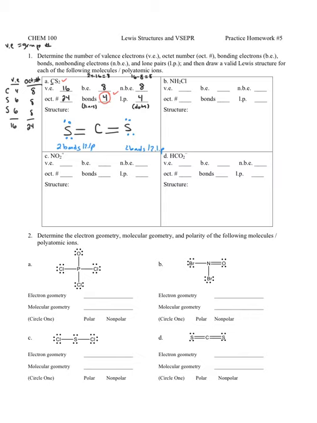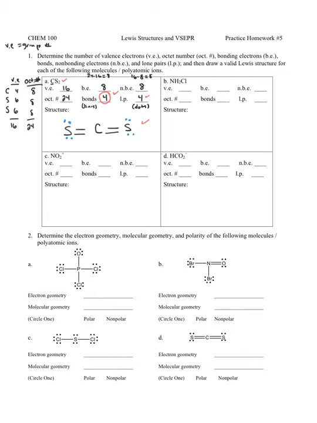The carbon has 4 bonds, so it's done. So again, every atom should have around it a combination of 4 bonds and lone pairs. So there are my 4 lone pairs. Everything has an octet. That is a great Lewis structure for CS2.